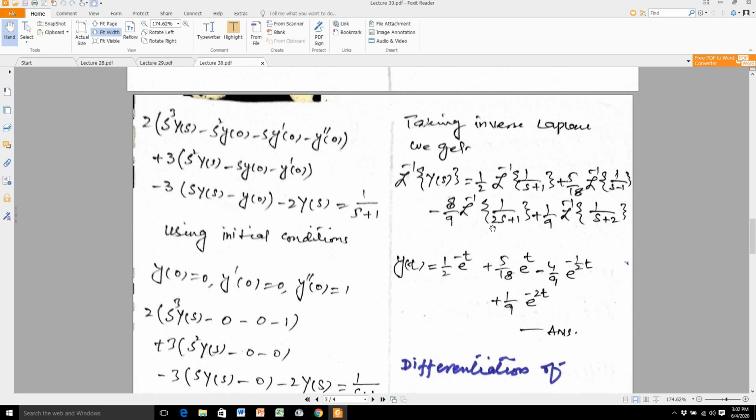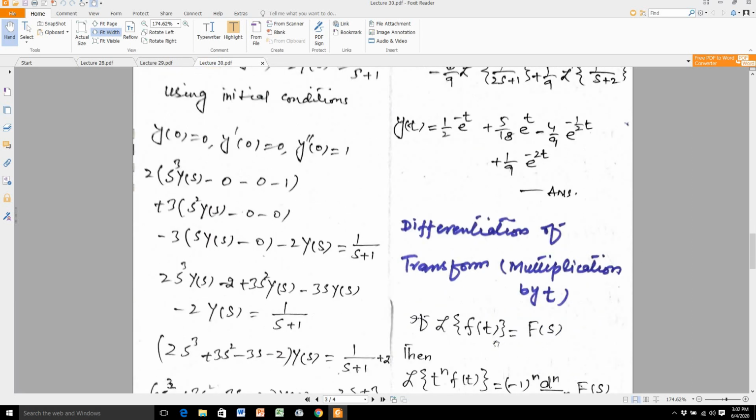It becomes 1 by 2. When I take this 2 outside, it cancels with this 8. Remaining is 4. So I am writing here minus 4 over 9, and this becomes e raised to the power minus 1 by 2 t, and the last term is 1 by 9 e raised to the power minus 2 t. In this way we get our final answer.